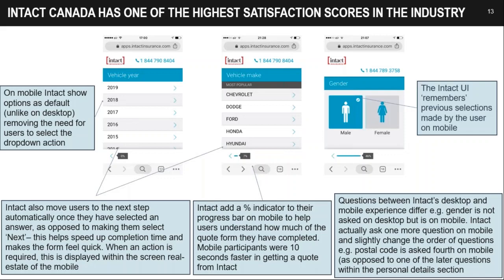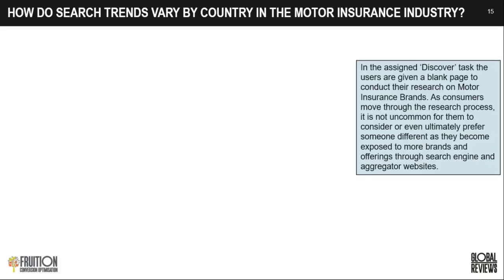While we have seen a classic example, let's head straight into the search behavior of the user. What we usually do in our study is ask our users to shortlist a brand based on the research they have performed on the website or on the internet. We give them access to a blank screen and tell them, here's your opportunity to go ahead and look for your preferred motor insurance brand.